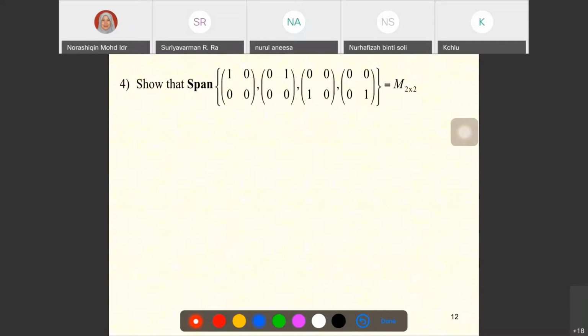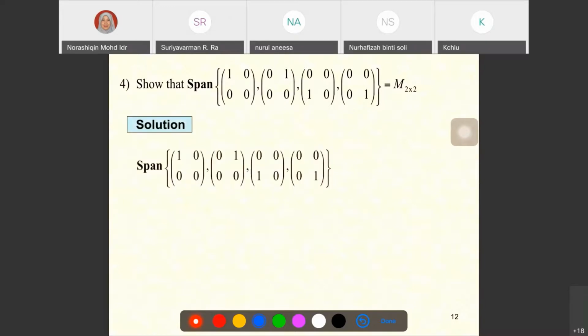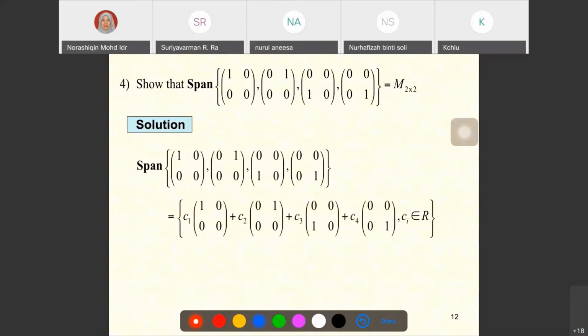How many C's? 4 C's, right? The span of that is equal to the set C1 times [1 0; 0 0] plus C2 times [0 1; 0 0] plus C3 times [0 0; 1 0] plus C4 times [0 0; 0 1]. Like before, if you combine all those, you get C1 in the first entry, C2 in the second, and so on, C3 and C4.